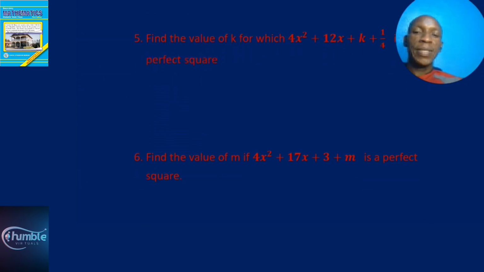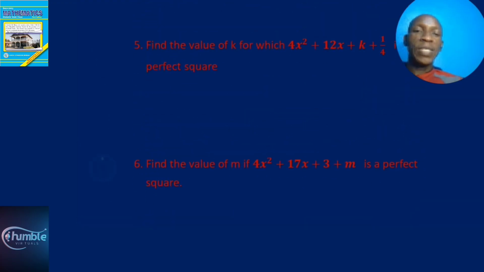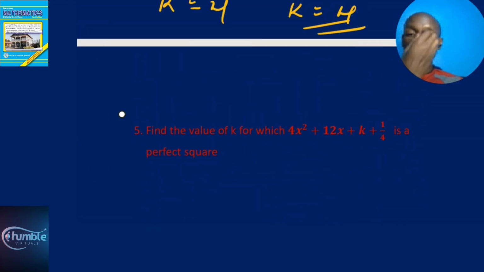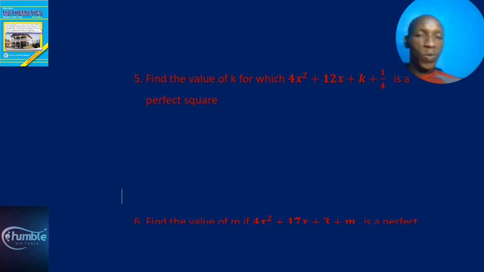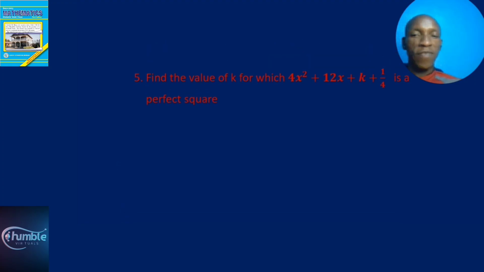As simple as that. So let me do the last question here, and then the remaining 2 you will be able to do alone. Question number 5. Find the value of k for which 4x squared plus 12x plus k plus a quarter is a perfect square. So that is it. You need to know what you have and what you lack. In this case, A is 4, B is 12, C is k plus a quarter.